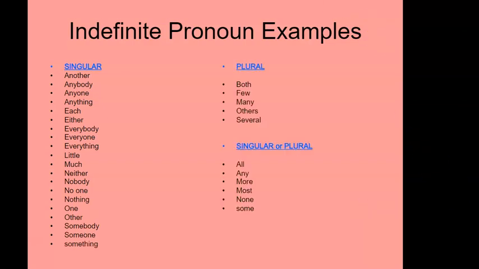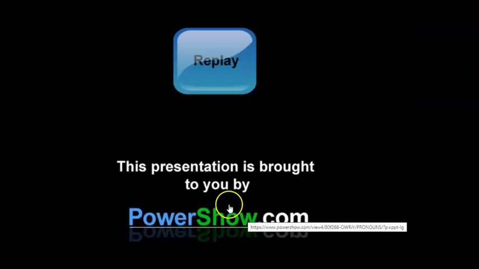All of them are singular forms of indefinite pronouns. What about the plural forms? Few, many, others, several will be plural. Single or plural: any, more, most, none, and some.